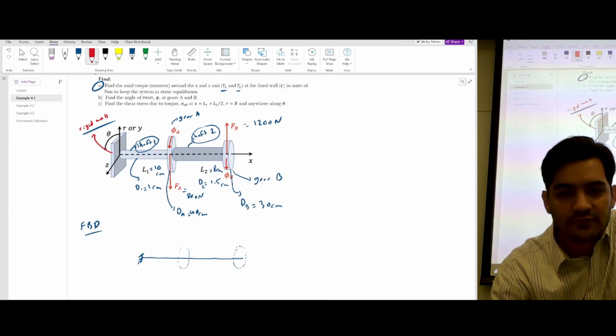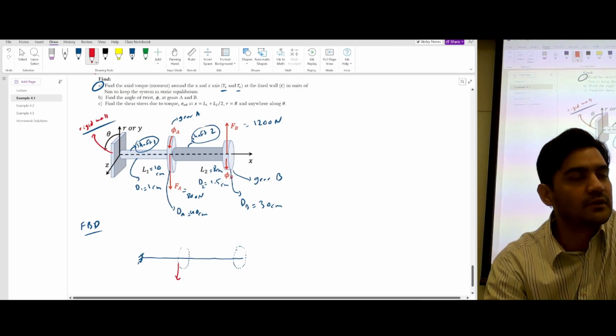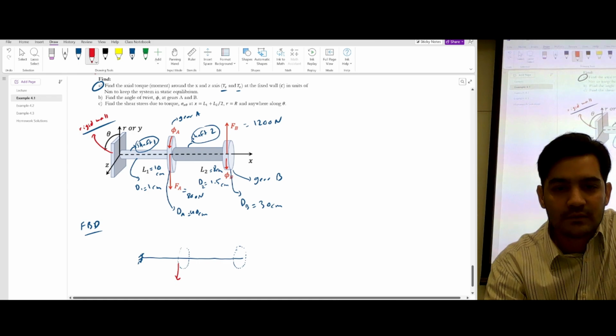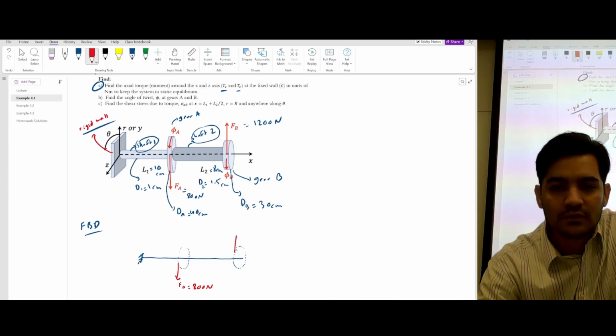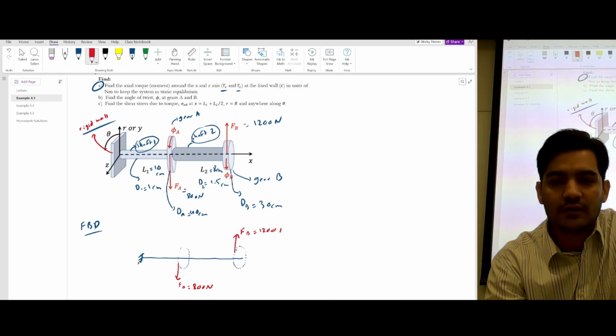And we know there is a force being applied at the end of gear A, and that force is FA, which is equal to 800 Newton. And then there is another force being applied on gear B, and that force is 1200 Newton.